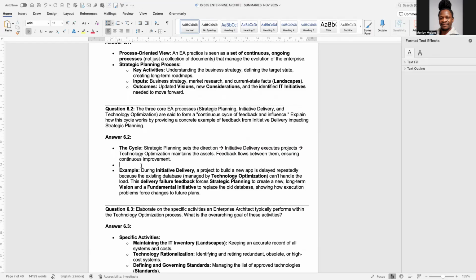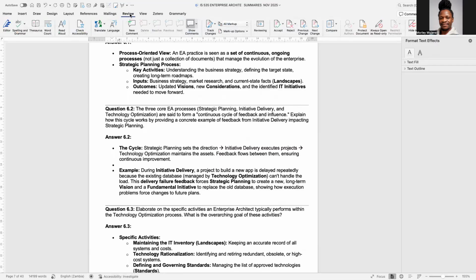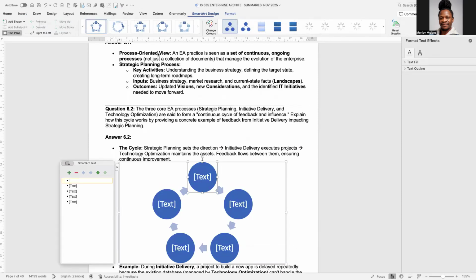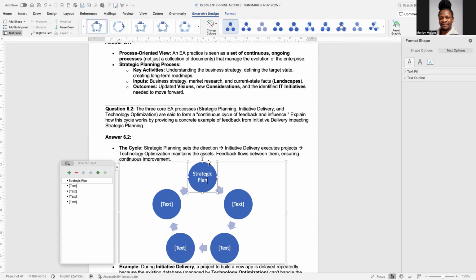To better understand this, we can draw a process so that it looks more like a cycle. I think the cycle would look something like this. We have strategic planning, initiative delivery, and finally technology optimization.